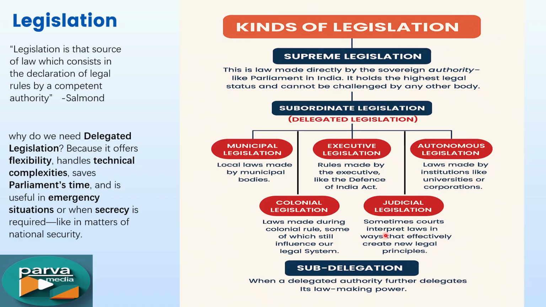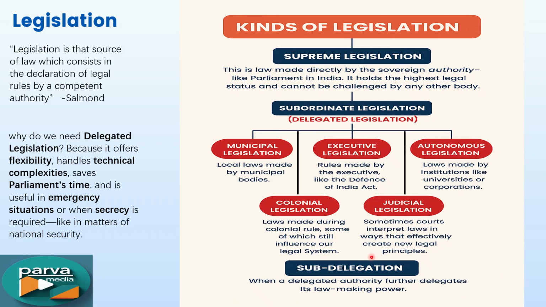Then comes judicial legislation. Sometimes courts interpret law in ways that effectively create new legal principles. The final classification is sub-delegation. When a delegated authority, such as local bodies or an executive department, further delegates its lawmaking power to others, it is called sub-delegation.